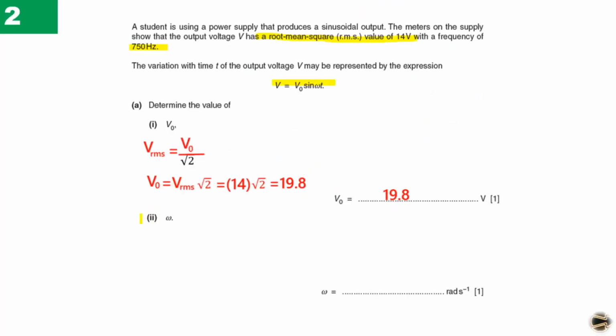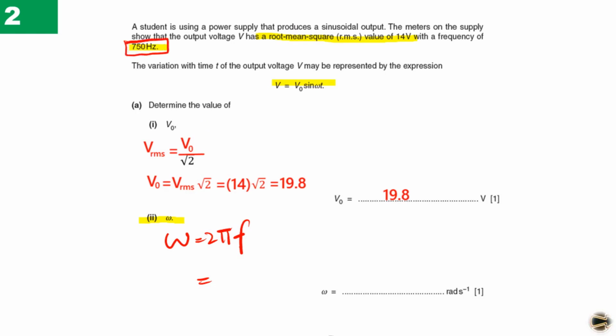For the second part, we simply need to calculate the value of omega, and this is quite straightforward. You just need to remember the basic formula. You can also recall it from simple harmonic motion. Omega is equal to 2 pi f, and as you can see here, the value of frequency is already given to us, that is 750 hertz.